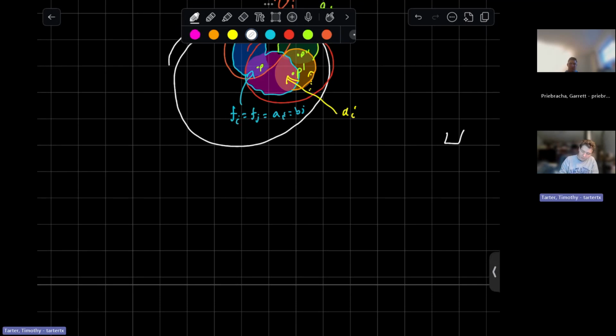As another important exercise, morphisms glue. So let Y be a topological space.